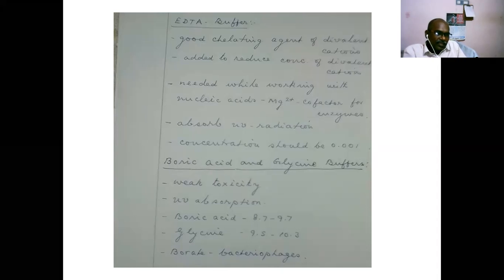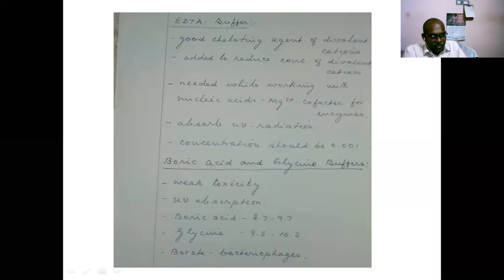Boric acid and glycine buffer are of very weak toxicity, and they show UV absorption. Boric acid can function as a buffer between pH 8.7 and 9.7, and glycine can work between 9.5 and 10.3.